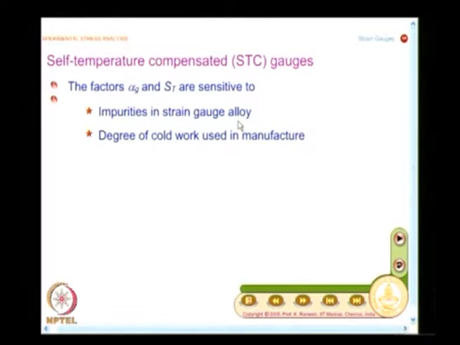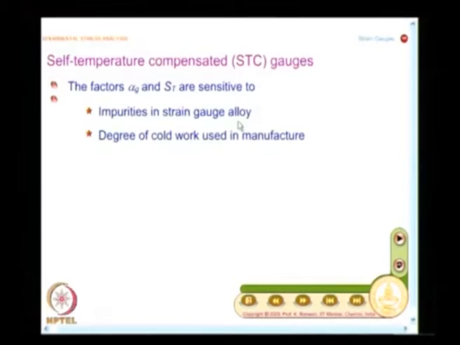Normally you do not want to have any impurities. When you are making an alloy, you want that to be free of impurities, so that it gives you the desirable material properties that you look for. But in this case you find impurities play a role. So, by modifying the impurities, it is possible for you to control alpha g and St.